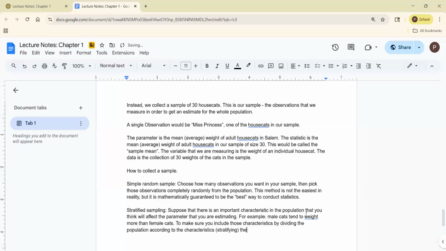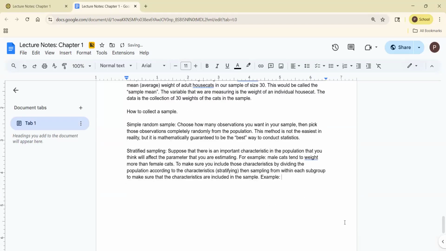Then sampling from within each subgroup to make sure that the characteristics are included in the sample. In our example, sample 15 male cats and 15 female cats.